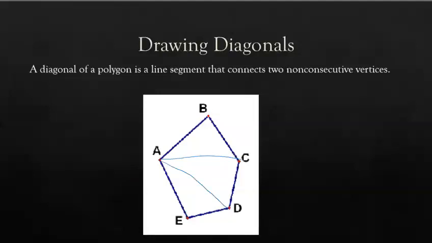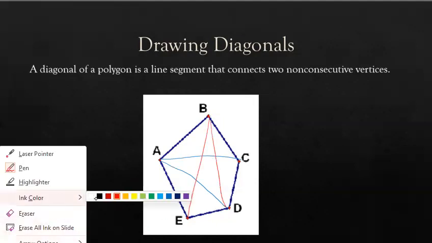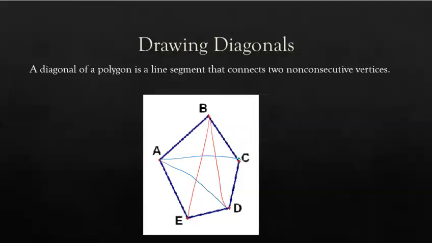So from B, I can draw to E or D. And from C, I can draw to A or E. Now, if I keep going, from D, I can draw 2 diagonals, but they're already drawn. And from E, I can draw 2 diagonals, but they're already drawn. So these are all the diagonals for this pentagon. And it makes a nice little star in between.